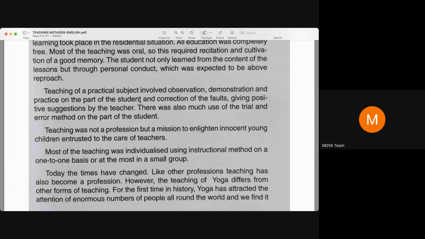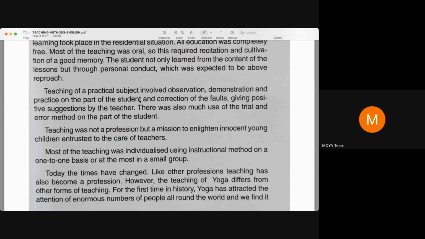There was also much use of the trial and error method on the part of the student. Teaching was not a profession at that time, but a mission to enlighten the innocent young children, because parents just surrendered their children to the care of the teacher.